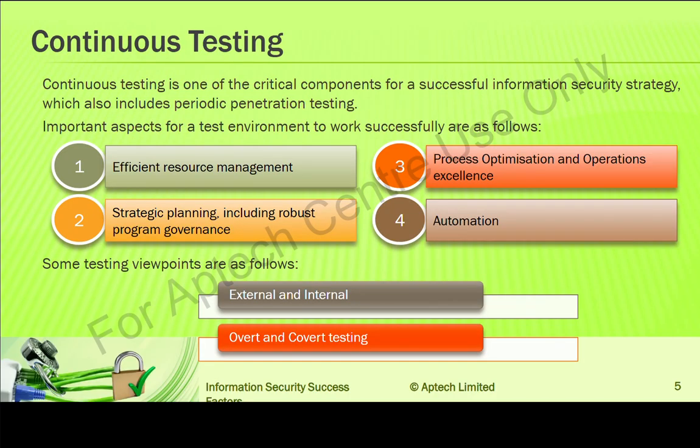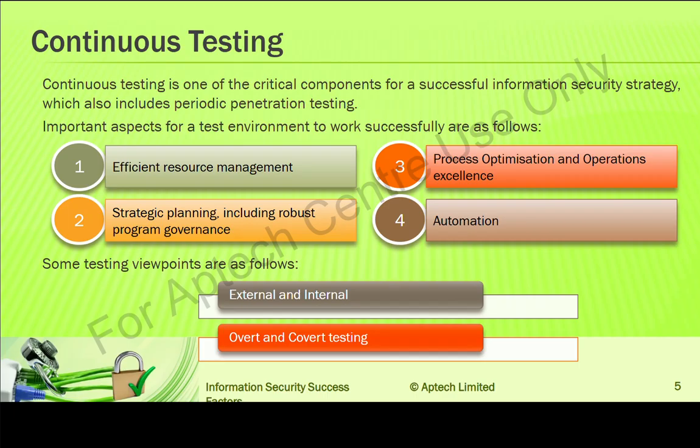So, continuous testing. Continuous testing is one of the critical components of a successful information system strategy. It means continuously checking, analyzing, and assessing all our components, all our hardware, software, and the rest of the organization's infrastructure, which also includes periodic penetration testing, testing how secure it is.